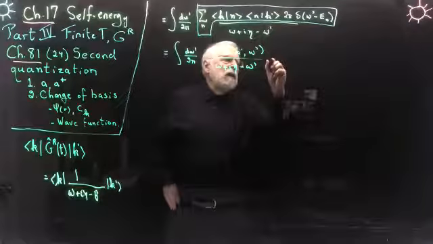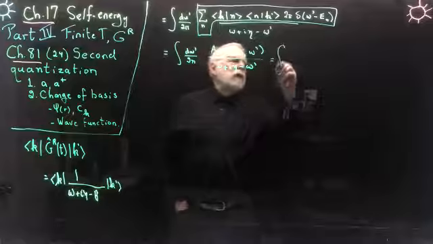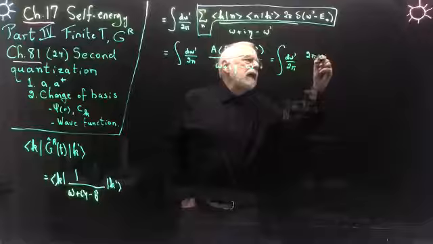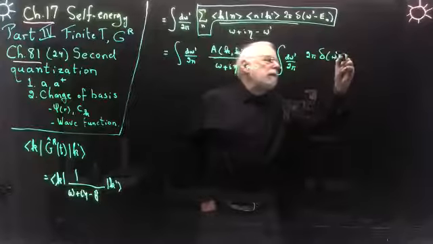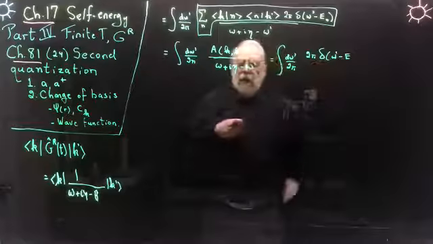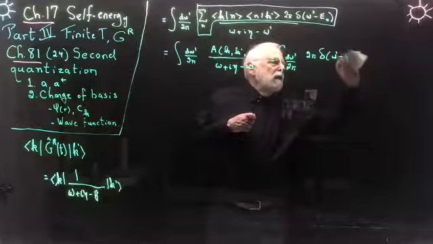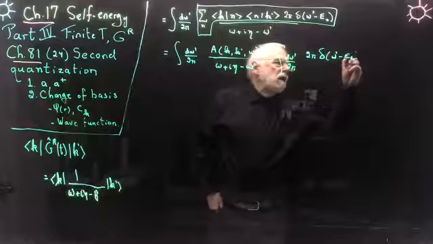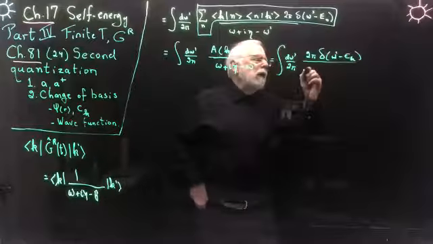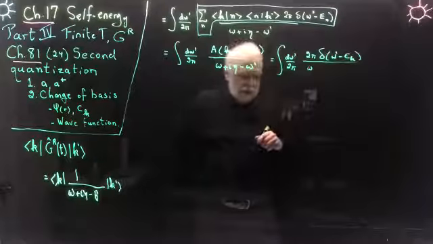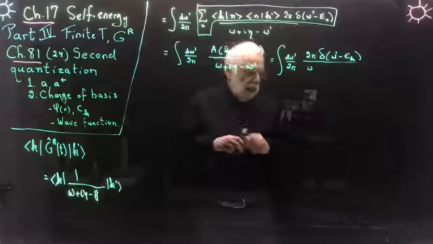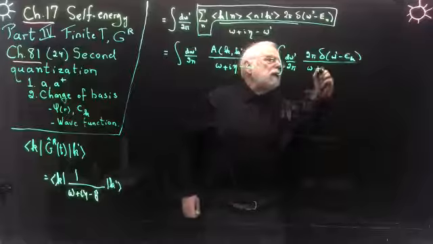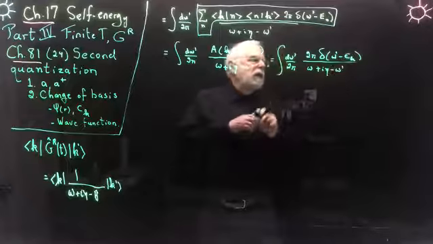So this will be equal to the integral d omega prime over 2 pi times 2 pi delta of omega prime minus, let me call this epsilon k, divided by omega plus i eta minus omega prime.